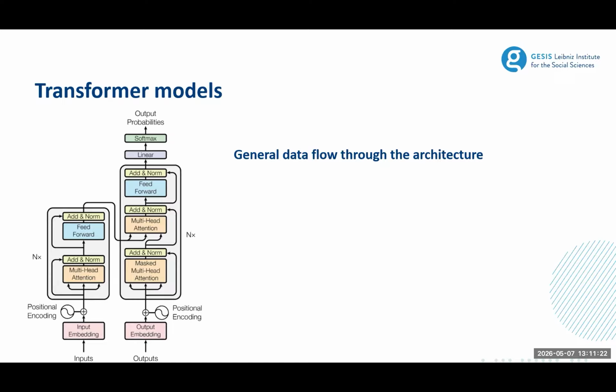The very general data flow through this architecture is that we start from some textual input. This could be a sentence from a news article, for example. This sentence is then cut into smaller pieces, which are called tokens and subtokens. These little pieces of text are then represented numerically in the so-called input embedding.